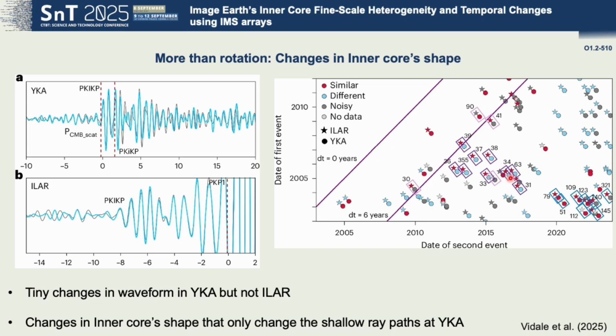According to the rotation model we proposed, these waveforms should follow the red star in this figure and should not have changes in PKP-IKP waveforms. Yet tiny waveform changes occur only at YKA. The seismic ray path to YKA samples shallower than the ray path to ILA. This suggests that only the shallow inner core has structural changes. Perhaps the whole shape of the inner core is distorted.